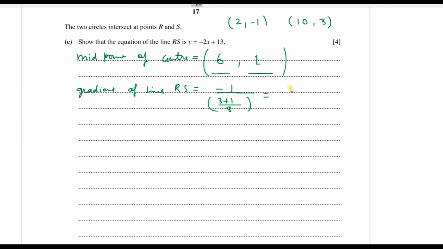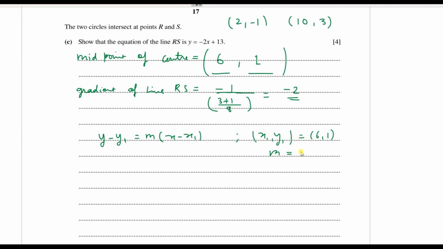Now we can find the equation of line RS. It is going to be y minus y1 is equal to m times x minus x1, and here x1, y1 is given by (6, 1) and m is given by minus 2.